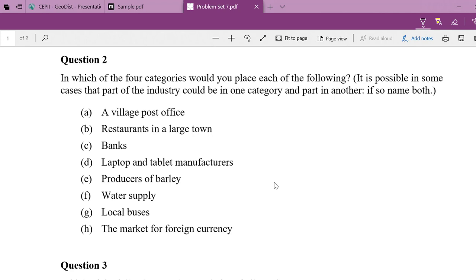Producers of barley. Do you drink malt, super malt? It's made of barley. Barley is a grain and also is an input into bread, and usually sold in the world commodity market, and we as individuals are not able to affect the price of barley, and there is no packaging for them, no product differentiation.